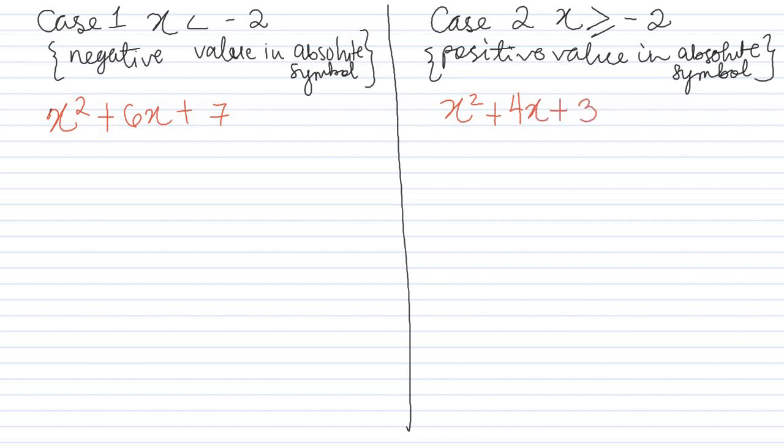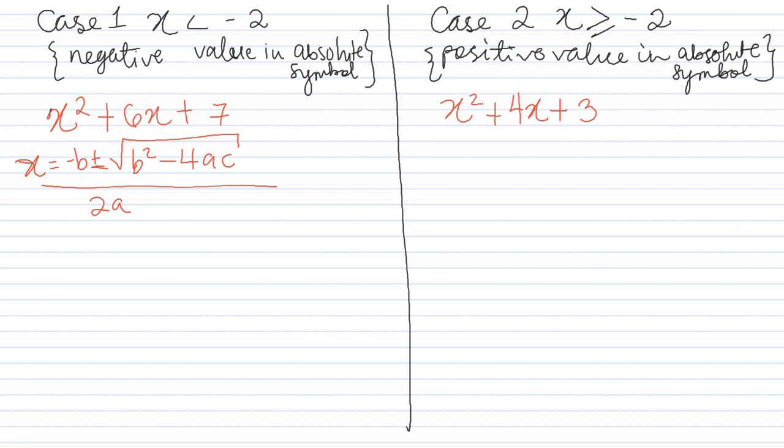So now we can basically solve for it. On the left hand side, I'm going to be using the quadratic formula, which is just x equals -b plus or minus the square root of b squared minus 4ac over 2a.